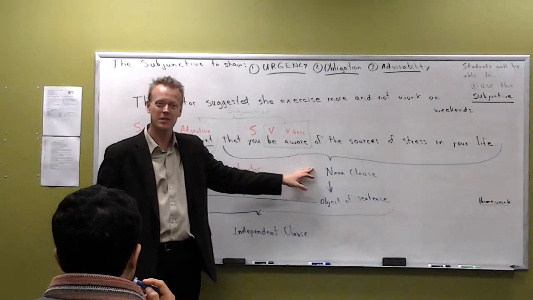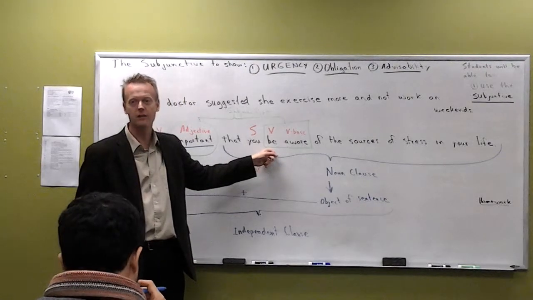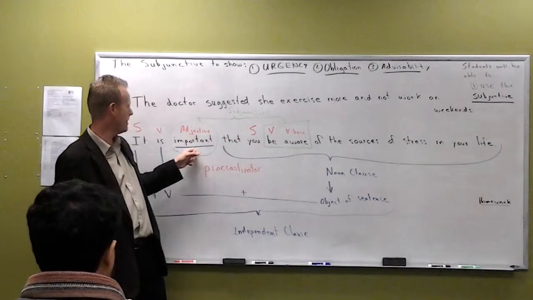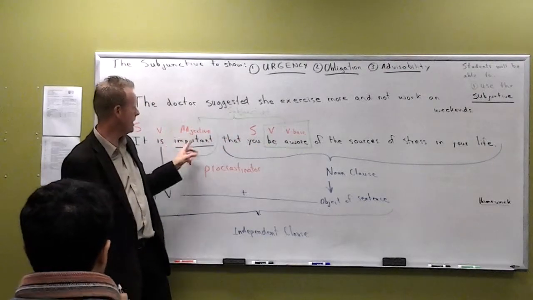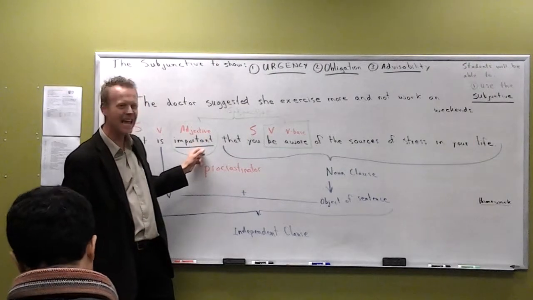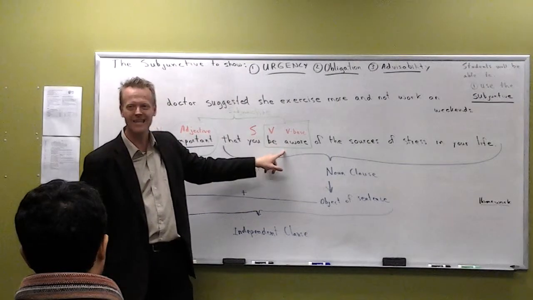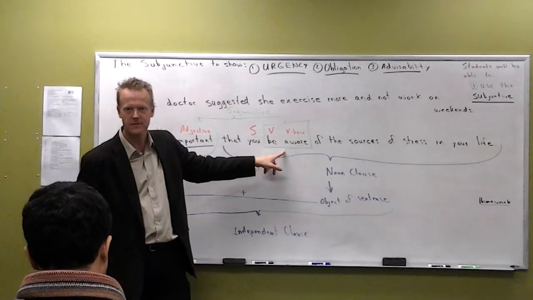Now, the actual subjunctive is right here. The subjunctive happens when you have an adjective of urgency, obligation, or advisability. It has this weird effect on the verb inside the noun clause.